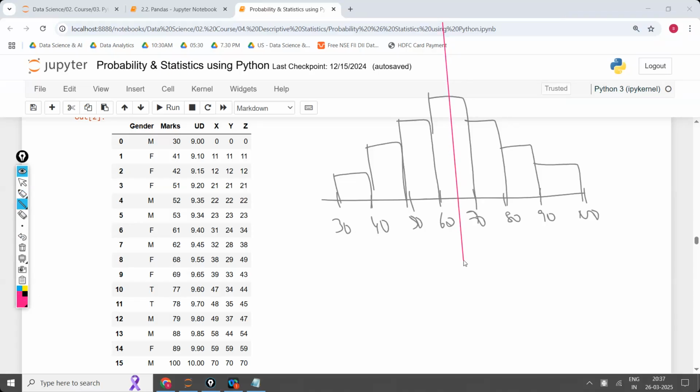So at the center value, draw one line. Now on the left side and right side, check whether the diagram is the same or different. If it is the same, it is called symmetrical distribution. If it is not the same, it is called unsymmetrical distribution. Point is clear?